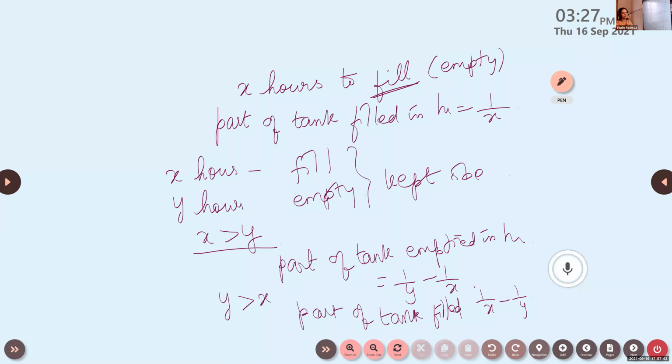So if it is filling, you have to take the reciprocal and add. If it is emptying, you have to take the reciprocal and subtract.